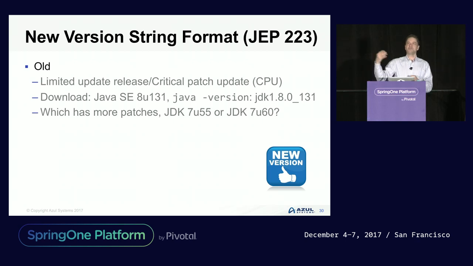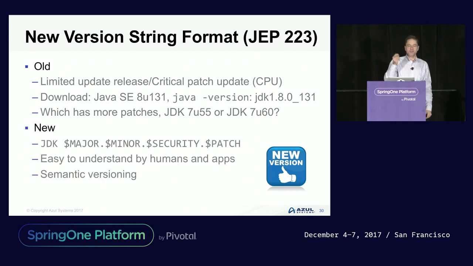Then it was Java 6, then Java 7, then Java 8. But interestingly, if you download Java 8, JDK 8, and you do java -version, you actually get JDK 1.8.0 underscore whatever the update was. So this all got very confusing. Marketing got involved, engineering didn't agree, and various things like that.